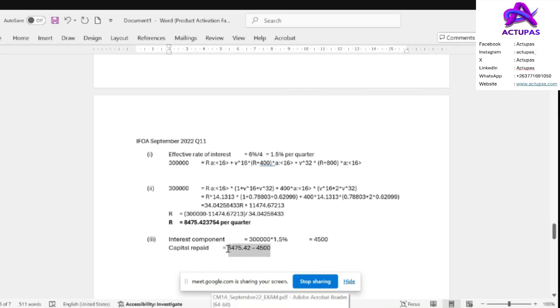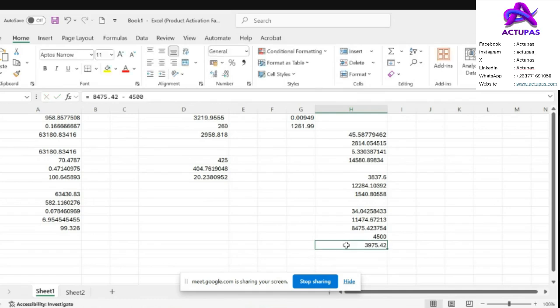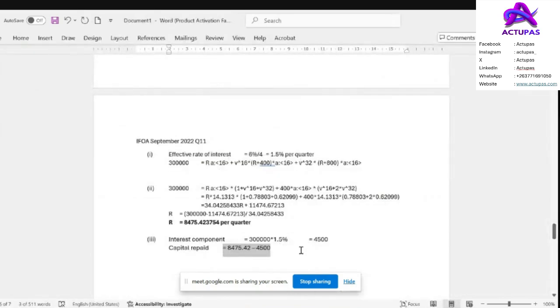Taking this here, copy it, paste it here. Okay, this should be a minus. 3975.42. So this is your answer. This is equal to 3975.42. That's your answer.